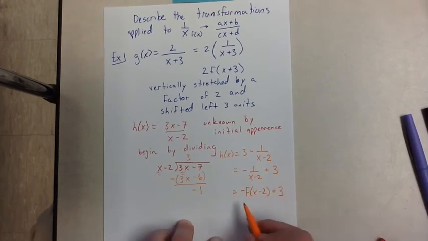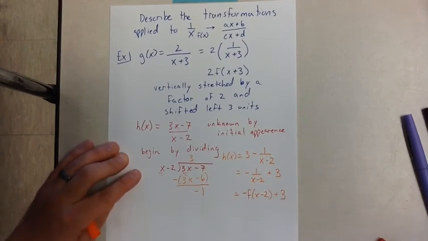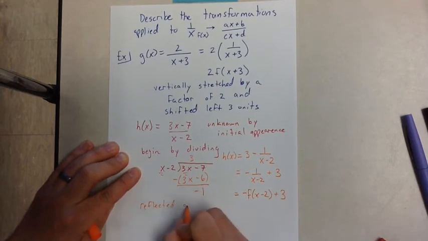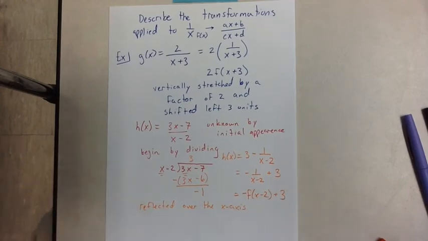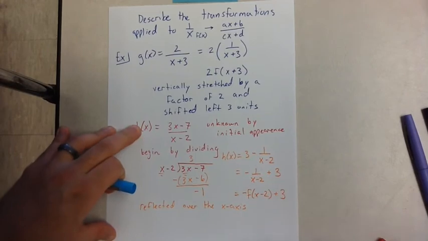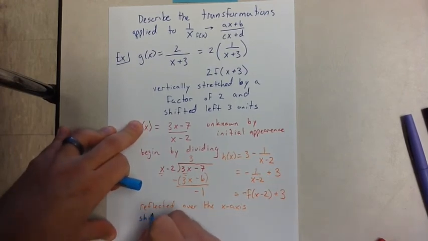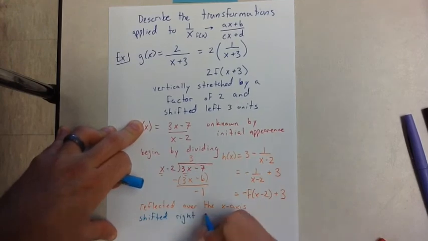So looking at all of this, we multiplied by a negative, so that gives us a reflection over the x-axis. And then I see that we had a minus 2 on the inside of our function, so that gives us a shift of right, going right 2 units.